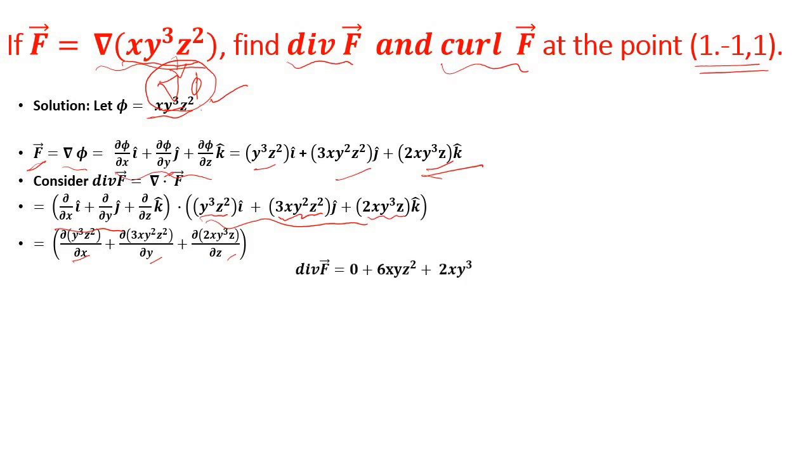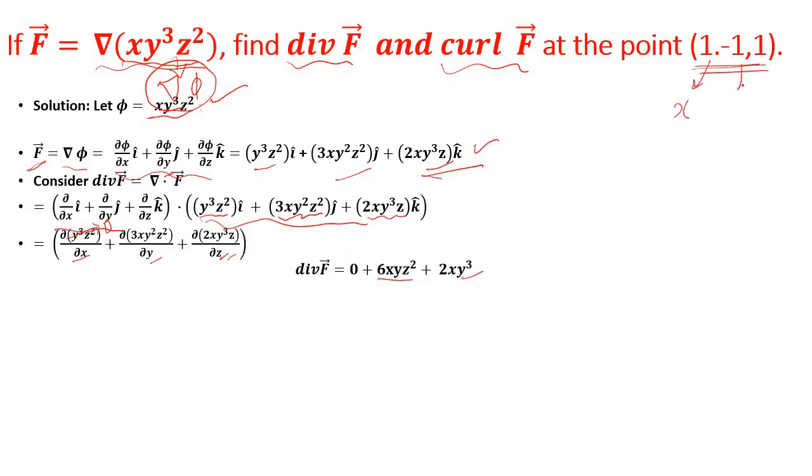If you apply the partial derivatives, observe there is no x here, so the derivative is 0. Here I am differentiating with respect to y, so y square differentiation is 2y into 3, so 6xyz square. And here I am differentiating with respect to z, so derivative of z with respect to z is 1, so 2xy cube.